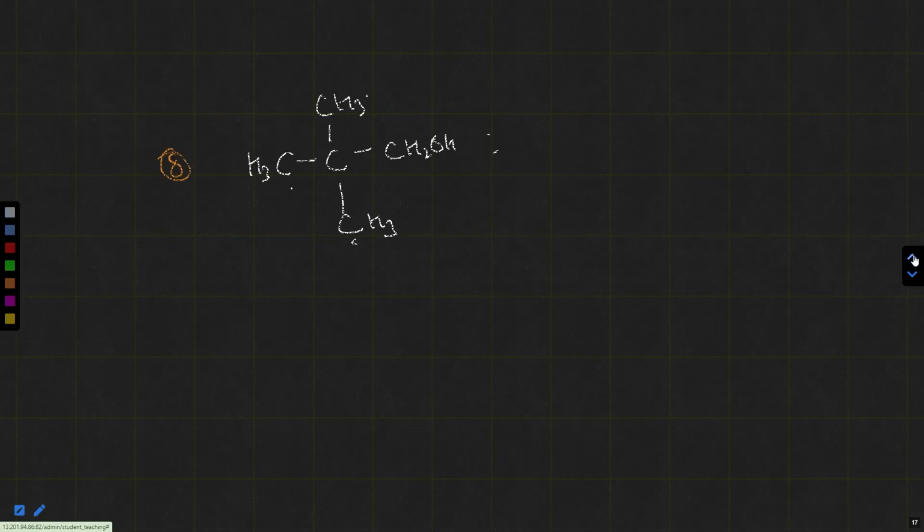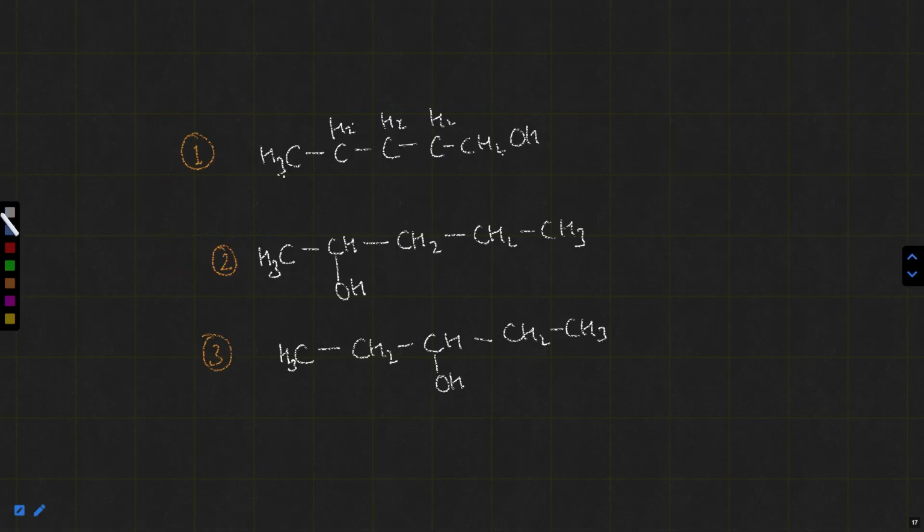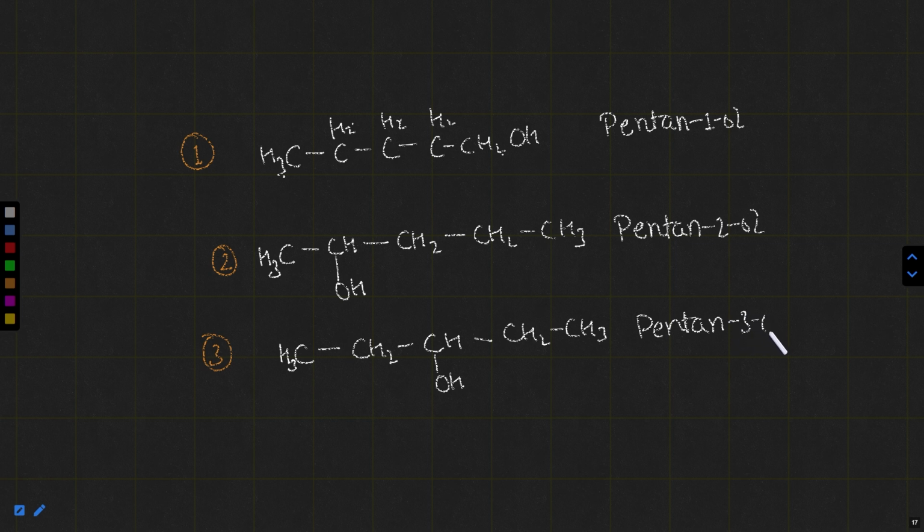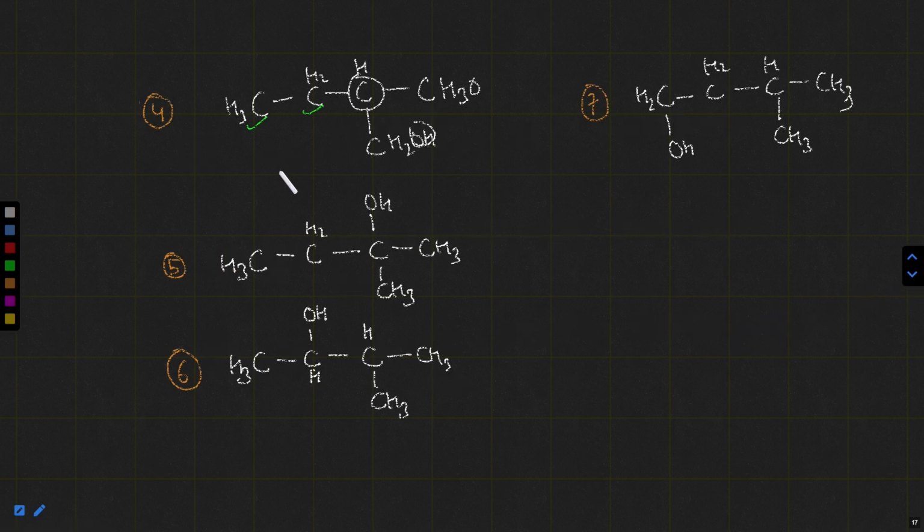If you write the IUPAC name, I'm writing it quickly. So this one is simply pentan-1-ol. This one is pentan-2-ol. This one is pentan-3-ol. What about this? 1, 2, 3, 4. 4 carbons.